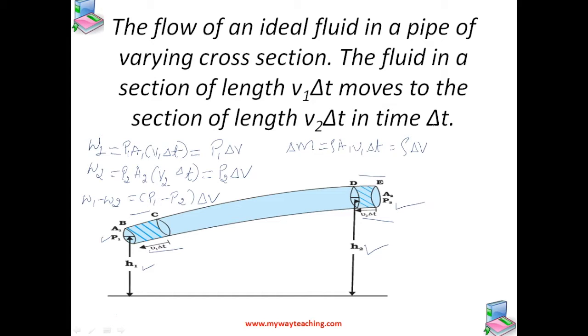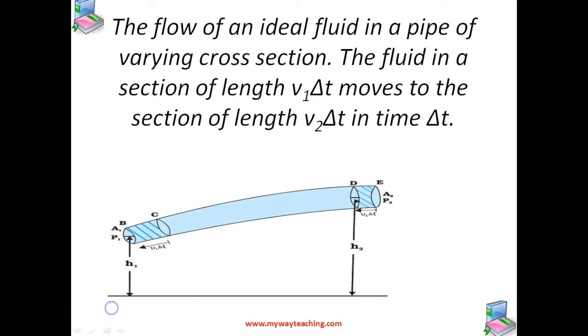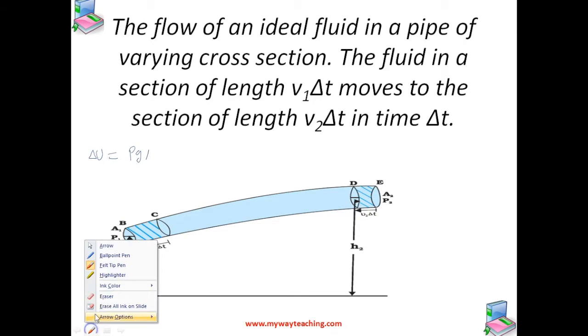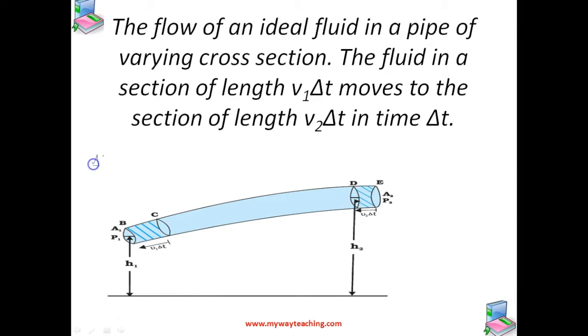The change in gravitational potential energy, delta U, is given by rho g delta V into (H2 minus H1).